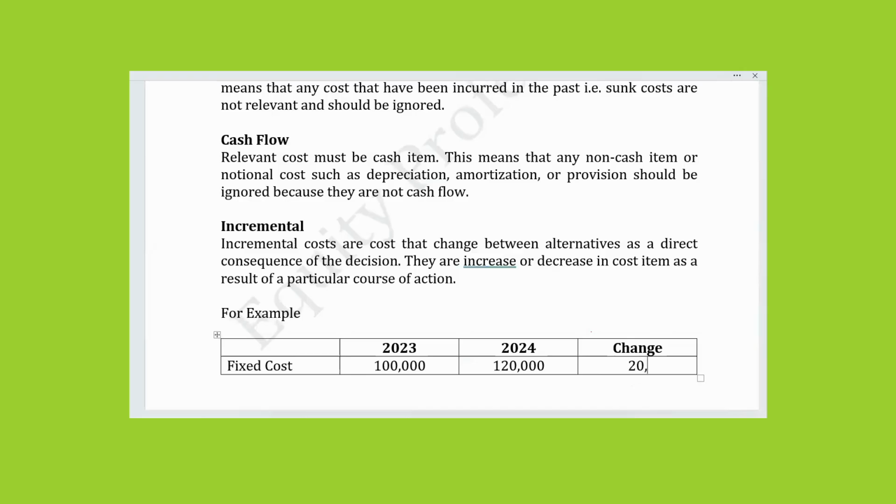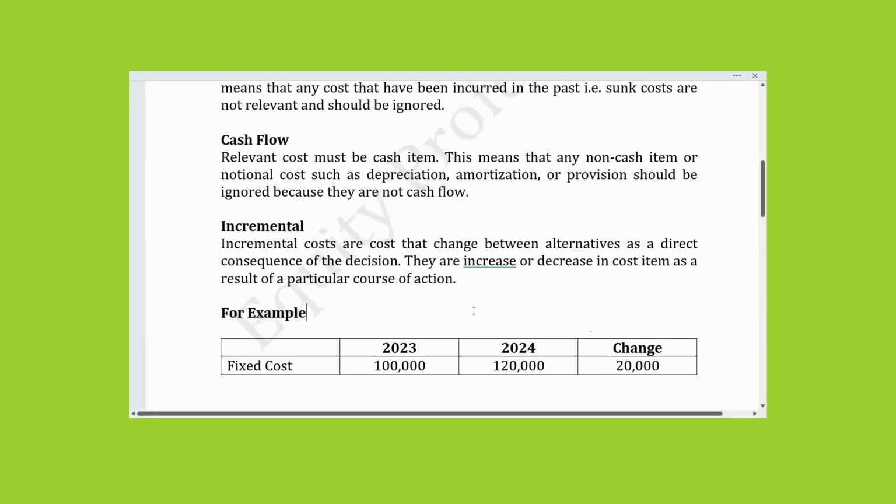So here it will be 20,000. So this is what we mean by incremental cost. They are costs that change between alternatives as a result of the decision taking, or as a direct consequence of the decision taking.